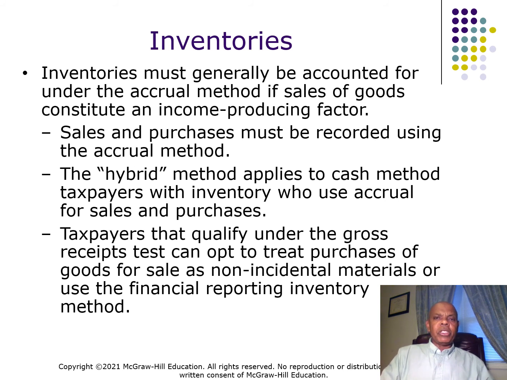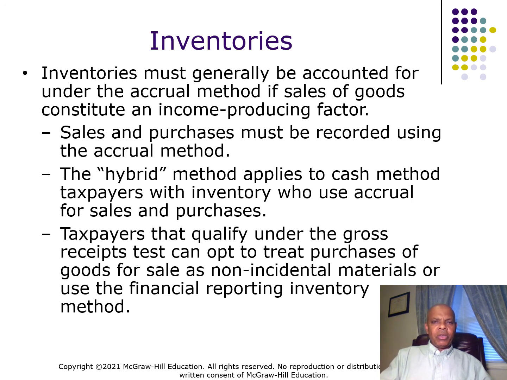The sales and purchases must be recorded using the accrual method. The hybrid method applies to a cash method taxpayer with inventory who uses accrual for sales and purchases. So they use the accrual method for inventory, the sales and purchases, but for others they can use the cash method.